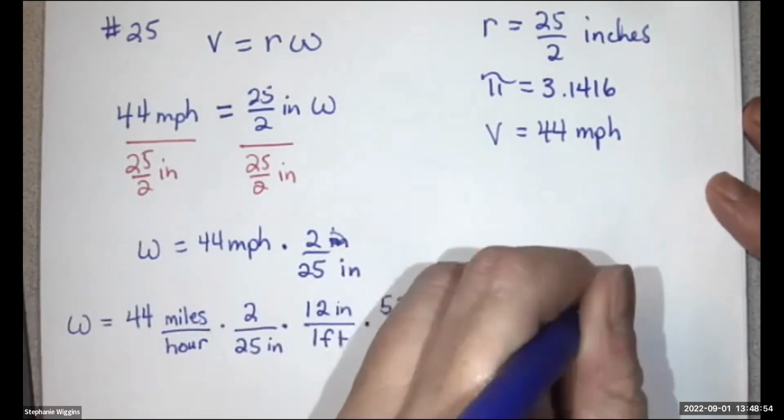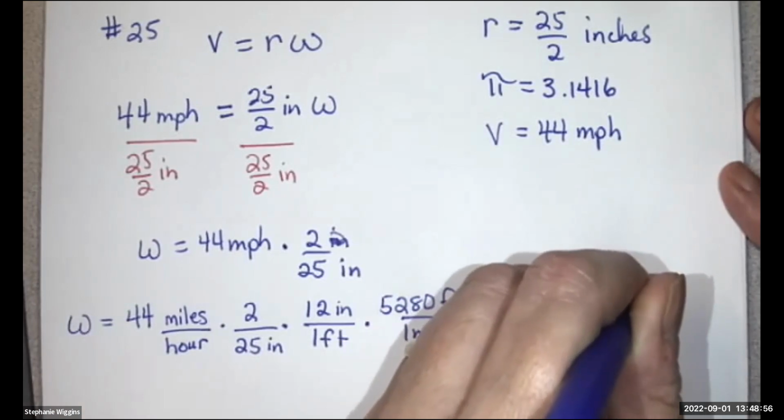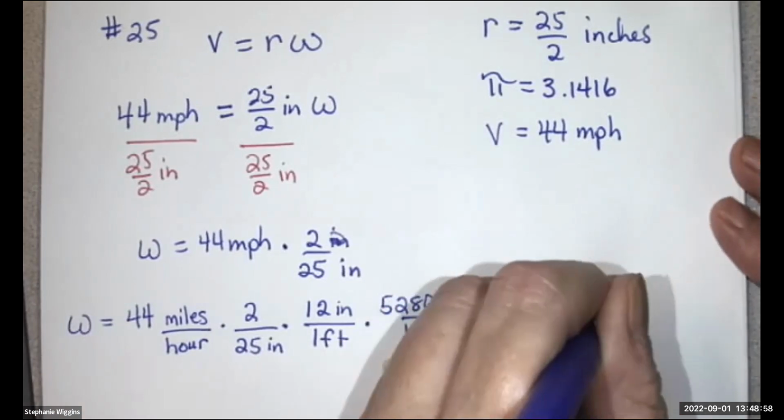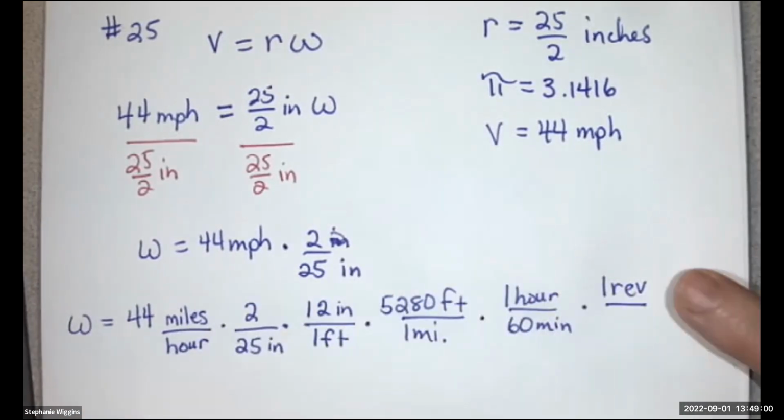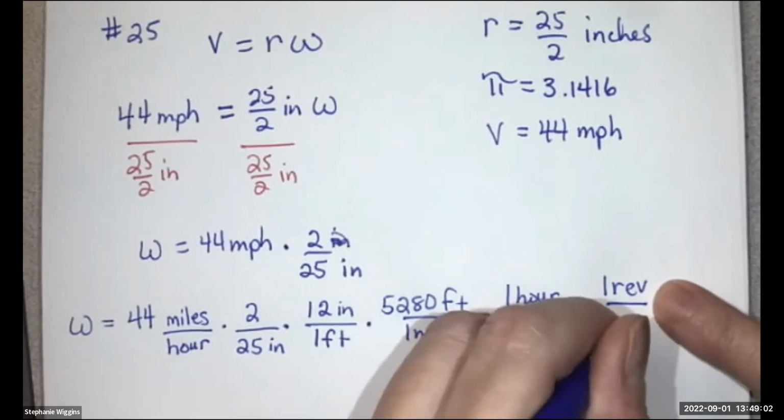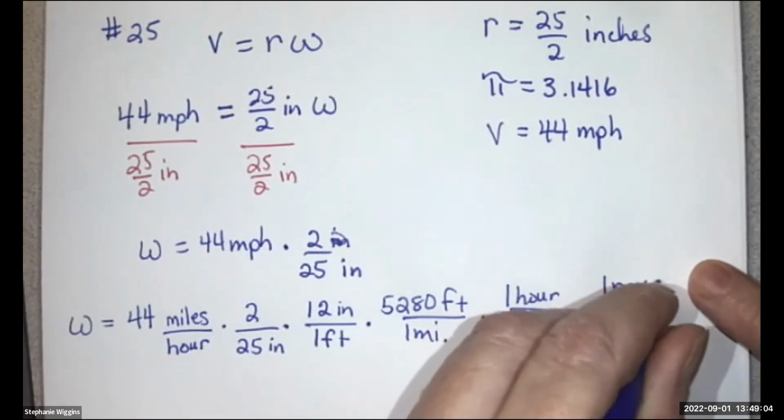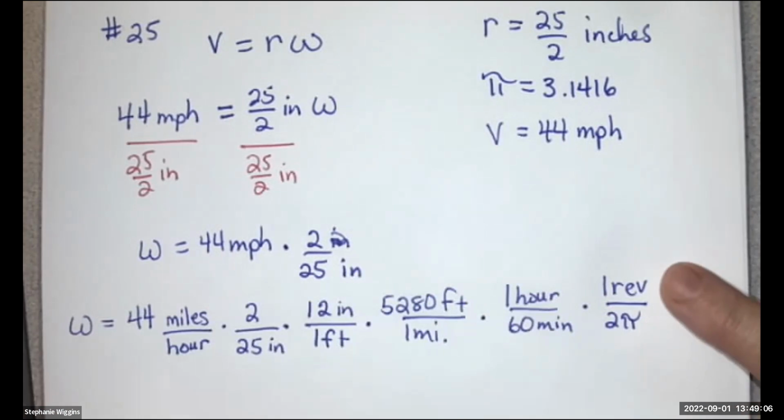We want our final answer in revolutions, and 1 revolution is 2 pi. If I didn't use this factor, our answer would be in radians, okay?